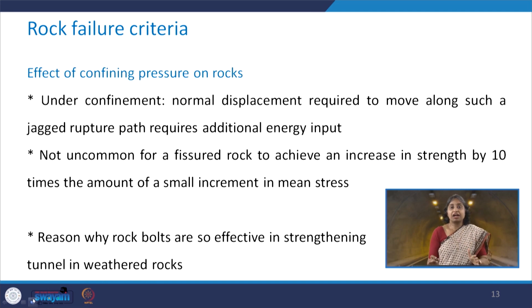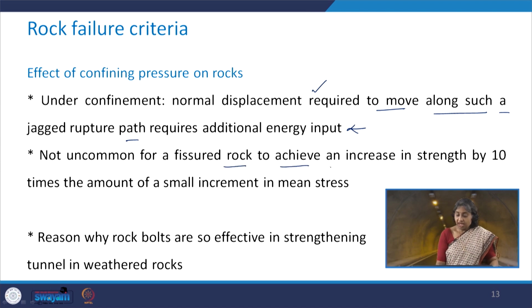Under confinement, the normal displacement which is required to move along such a jagged rupture path requires additional energy input, and it is not uncommon for a fissured rock to achieve an increase in strength by 10 times the amount of a small increment in mean stress. So, let us say that I increase the confining pressure by a very small amount, and as a result the strength can go up to the tune of 10 times.